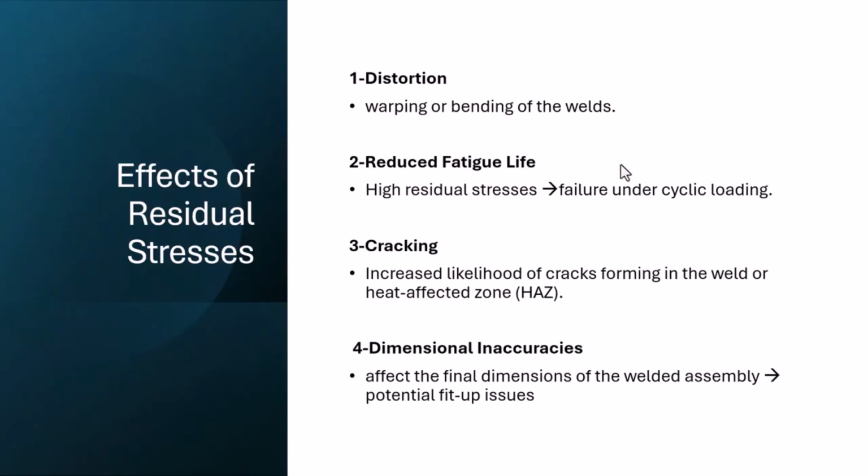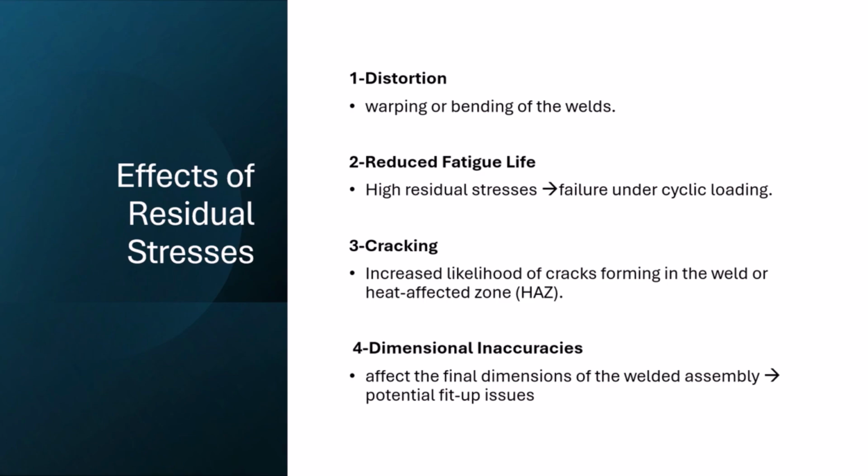So what effects can residual stresses cause? The first one is distortion. As I just said, it can bend the weld, like the shape you see right now, just before. It can reduce the fatigue life because there are high stresses inside the weld, and in very low cyclic loading it can fail.